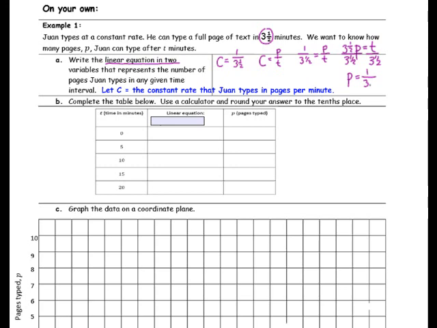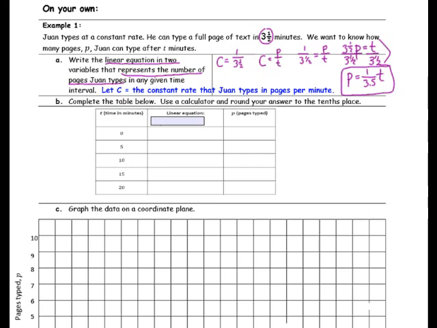I'm going to use the decimal 3.5 times t. Do you see what I've done from this step? T divided by 3.5 is equal to 1 over 3.5 times t. This is our linear equation in two variables that represents the number of pages one can type in any given time interval.